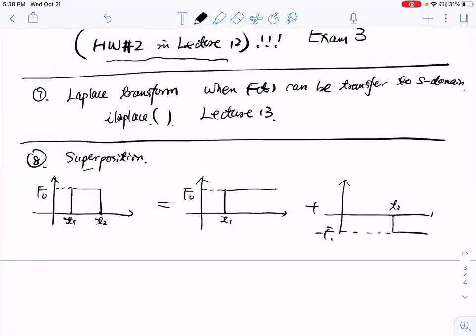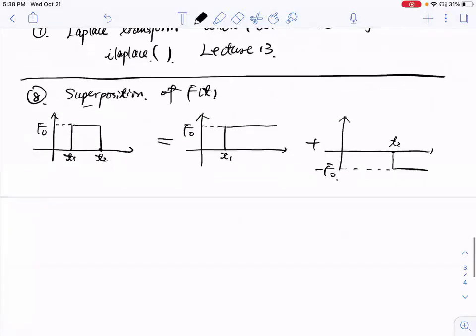So sometimes when you have a really complicated f(t), you can decompose it into small basic elements and then lump the solutions together. I can name a few here. For example, if you have a stage function like that, that's T1, that's F naught.